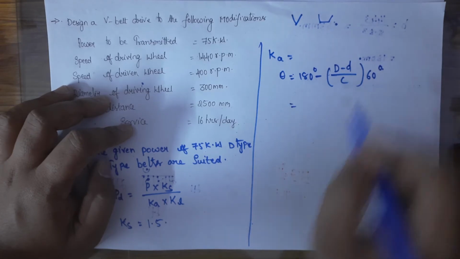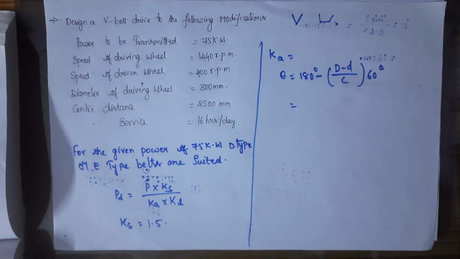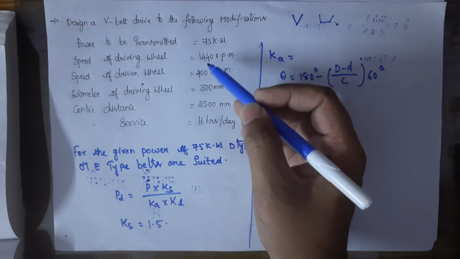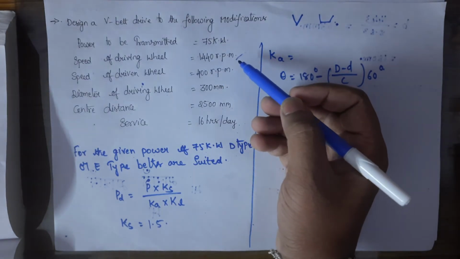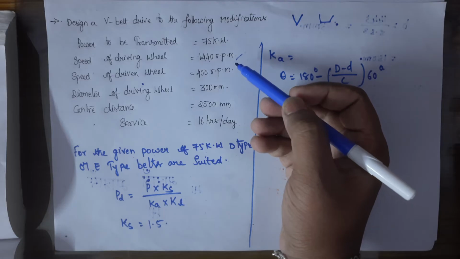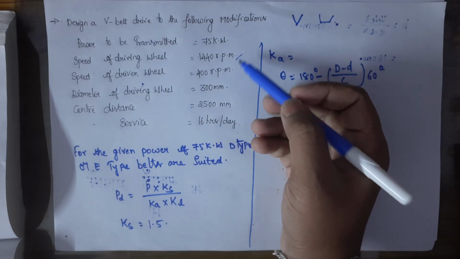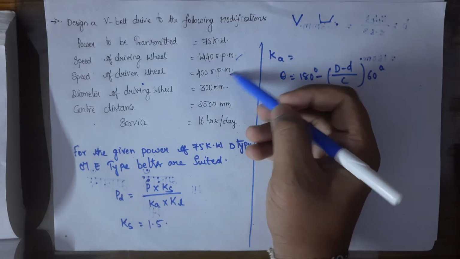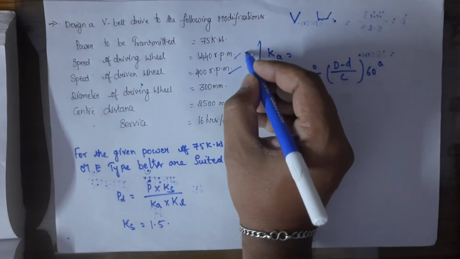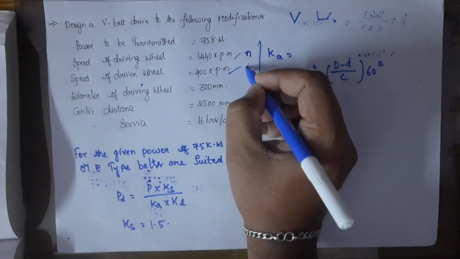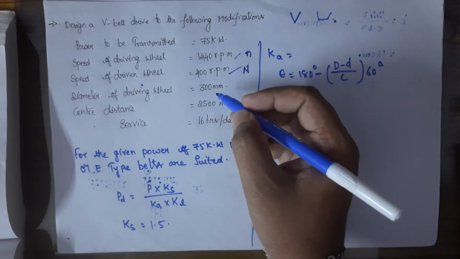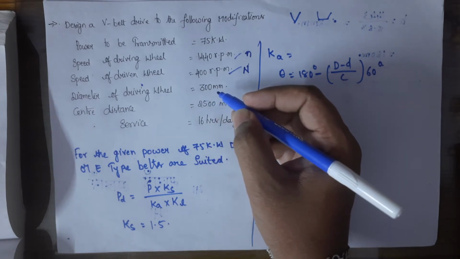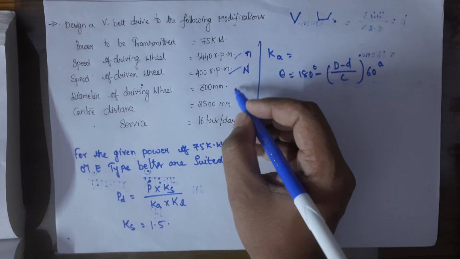So we are having the speed of the driving wheel, that is the small n value, and the speed of the driven wheel, the capital N value, and the diameter of the driving wheel, that is the small d.